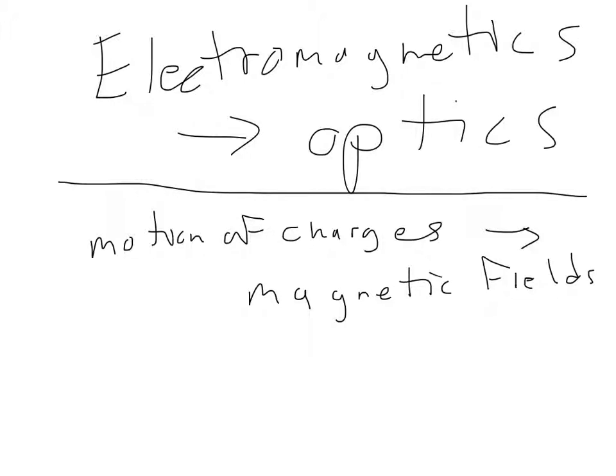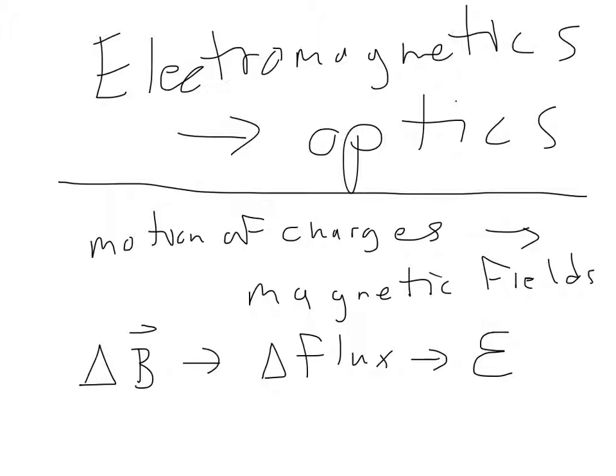The other thing that we learned is that a change in the magnetic field results in a change in flux, which can result in an induced electromotive force, or voltage.